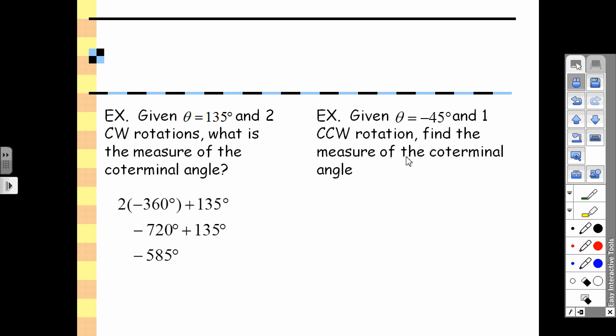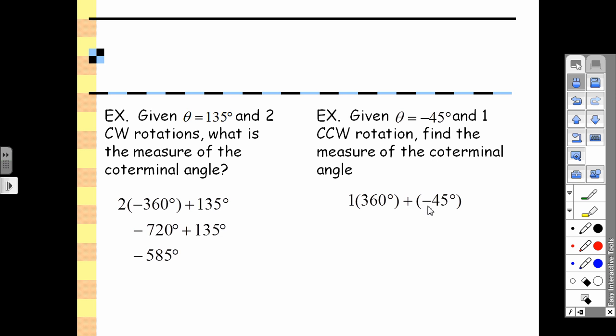Given that theta is negative 45 degrees, and we're doing 1 counterclockwise rotation, find the measure of the coterminal angle. So once again, we're going to set it up just like we did over here, where we talk about the number of rotations and the direction that we're going. So we have 1 rotation in the counterclockwise direction, so that's a positive 360. And then we're adding our angle, and our angle happens to be a negative angle.